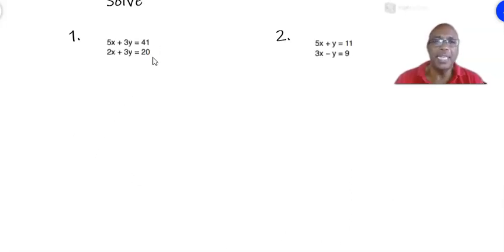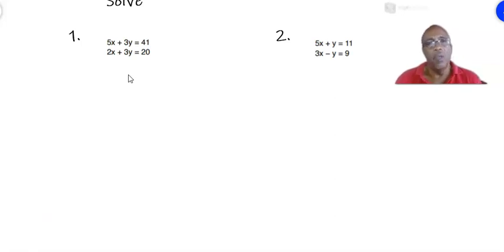In this first example, we have two equations, and we have two unknowns, x and y. We need to find the values of both x and y. So how do we do this?